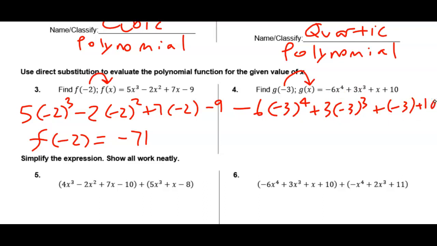Again, if I can type that in my calculator, -6, -3 power 4, plus 3, -3 power 3, plus -3 plus 10. F of -3 gave me -560. All right, and then that's a 0.